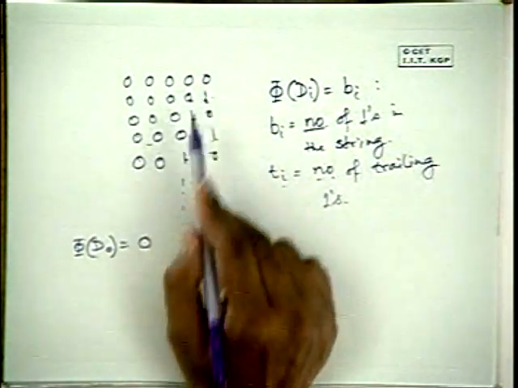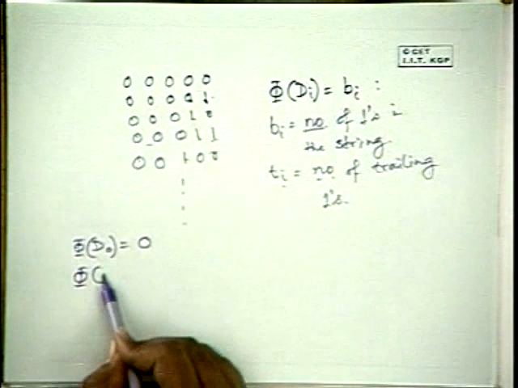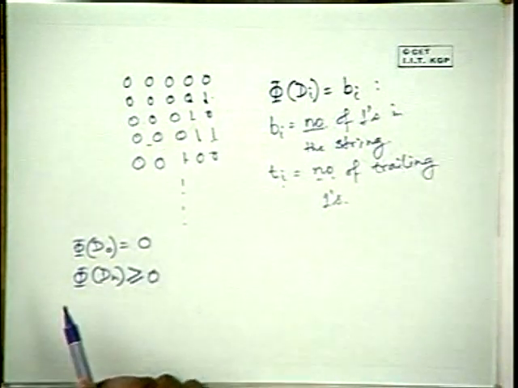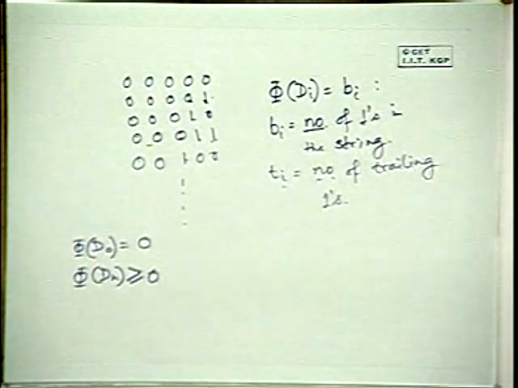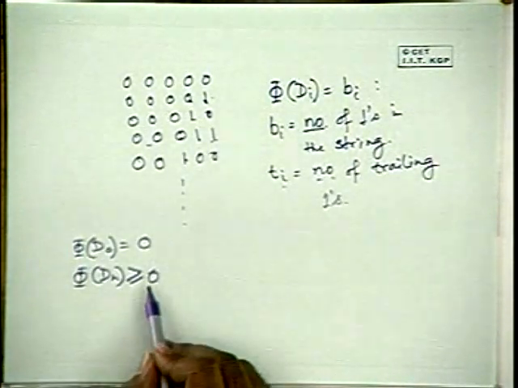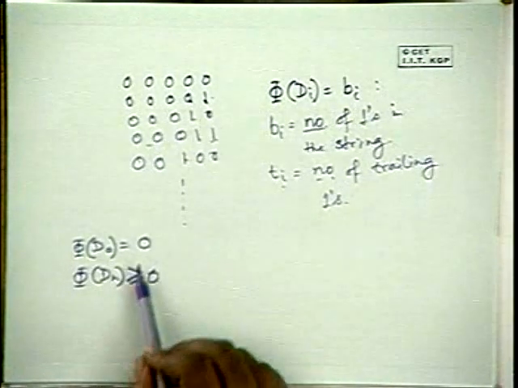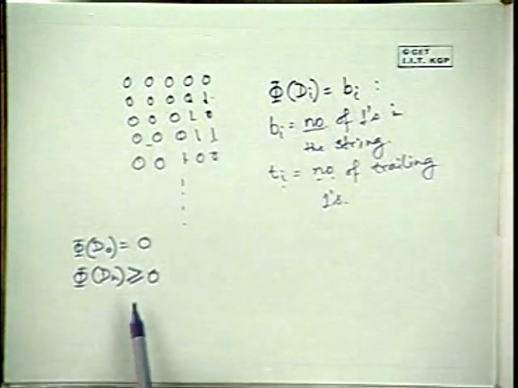Phi of D0 is 0 and phi of Dn will definitely be greater than or equal to 0, because some ones will be present in that number. So we have satisfied these two conditions. So if we add the amortized costs now, we should get an upper bound on the actual cost.